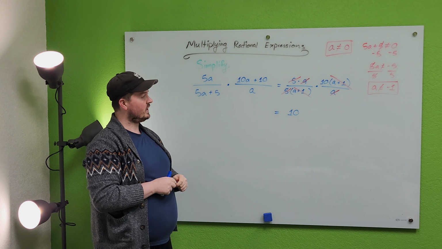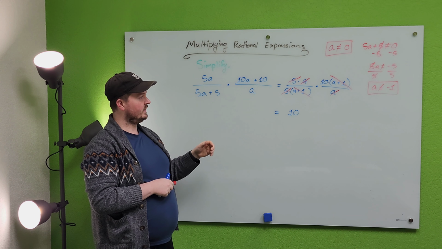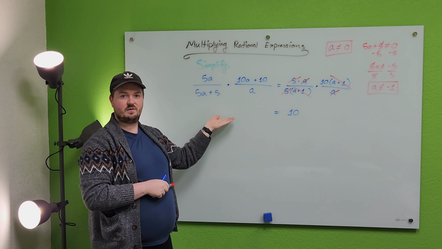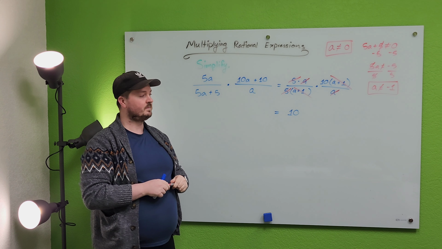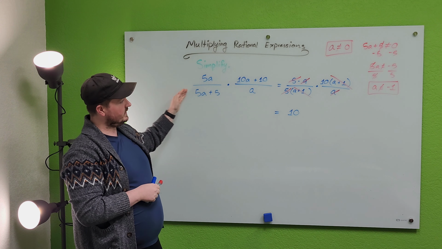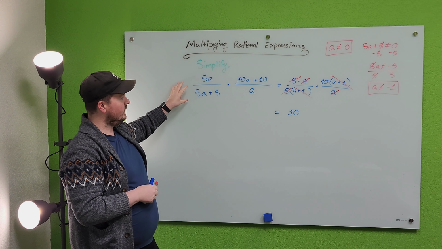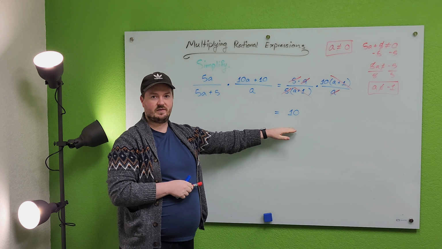So even if we're not explicitly solving this expression for a value, it's always best to first find restricted values, then you can proceed to do any work you need to do with the expression in simplifying or solving.